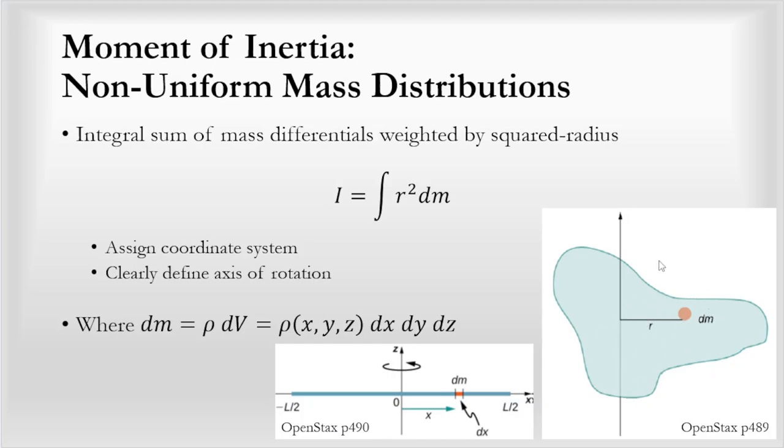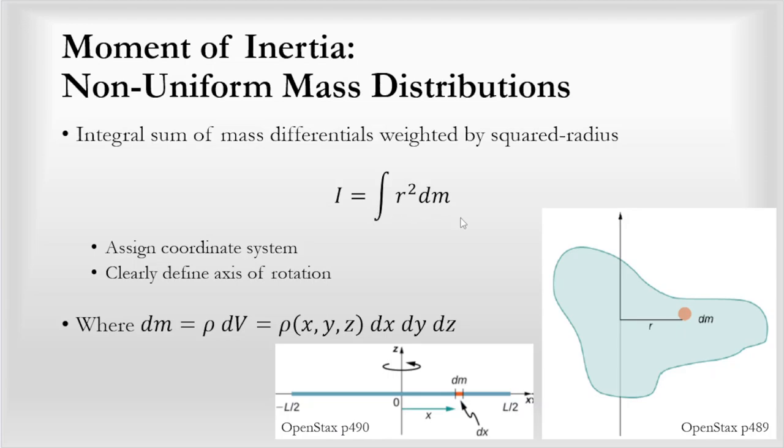It may be a uniformly shaped object, but the density is not uniform across that object. And so we can do an integral sum of the mass differentials, right? If I divide this object into a bunch of mass differentials and then integrate over r squared dm, that's how you would calculate I: I is the integral of r squared dm.